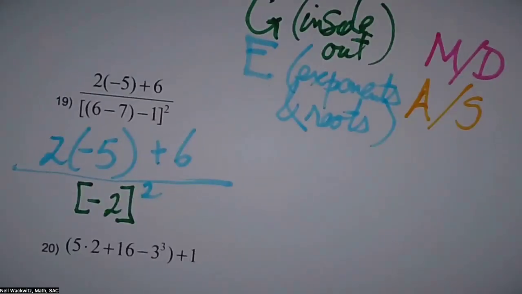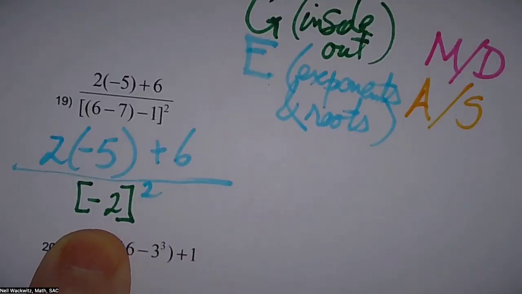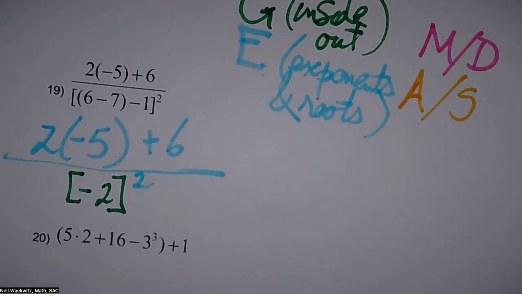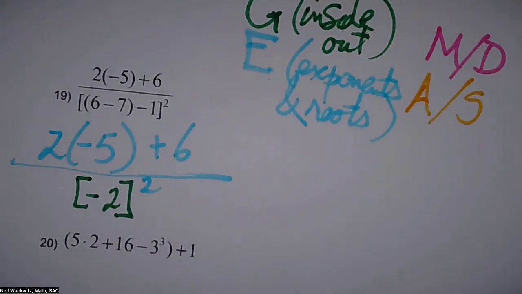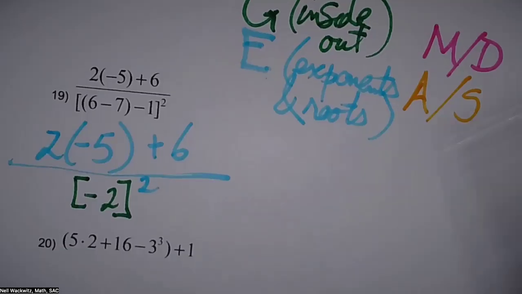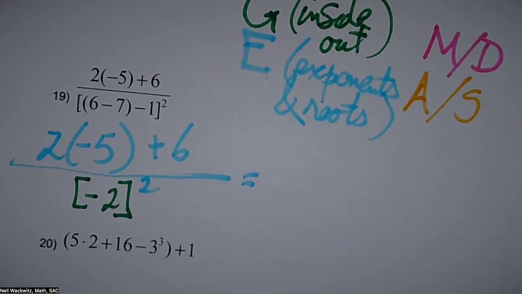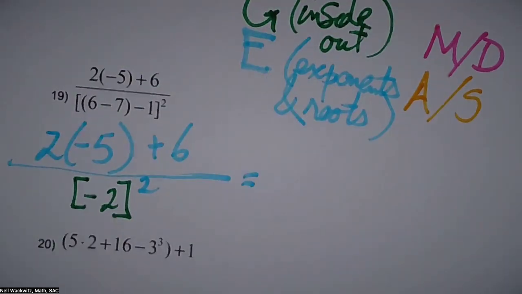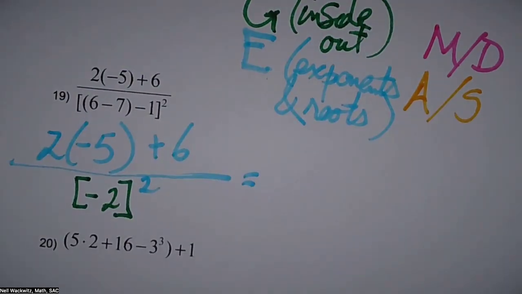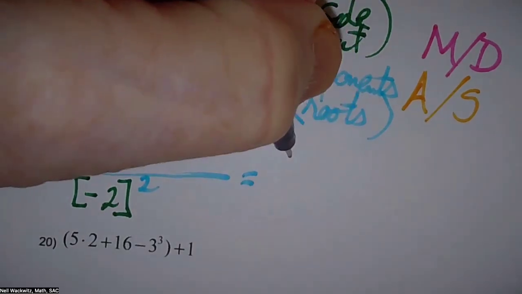And we only have one. What is -2 squared? What is -2 times -2? -4.